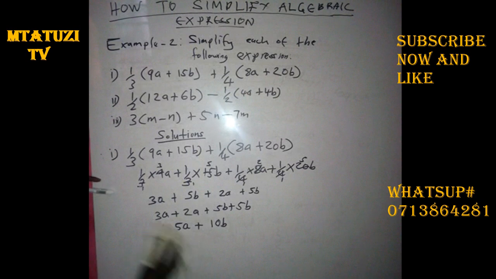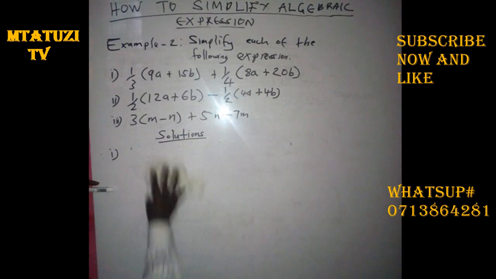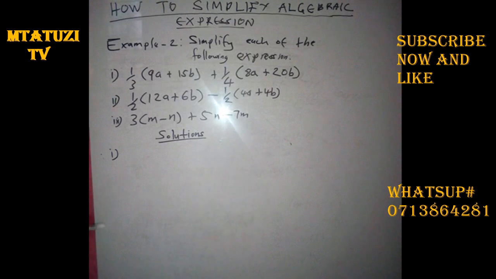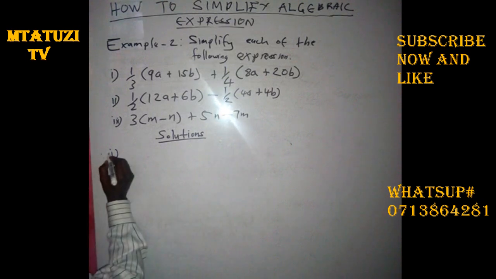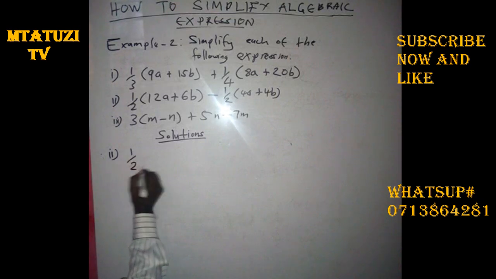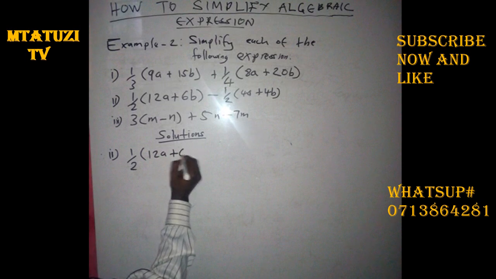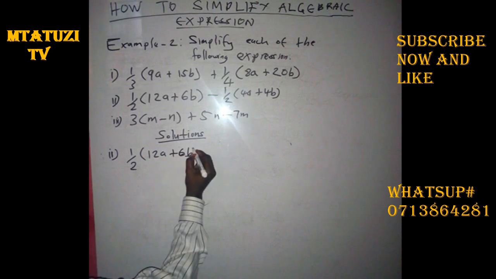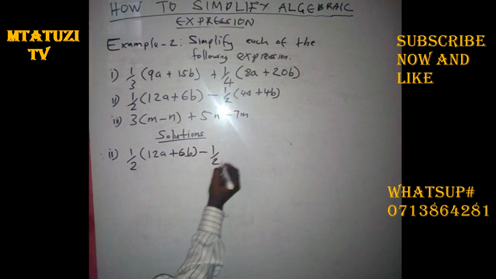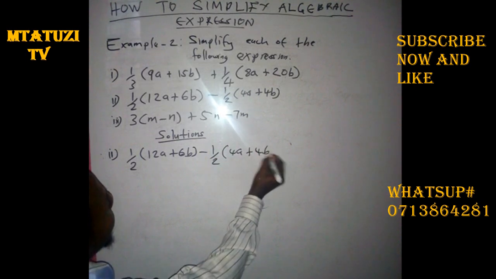Now let us go to question number 2. Question number 2: we take 1 over 2 in a bracket 12a plus 6b, minus 1 over 2 in a bracket 4a plus 4b.